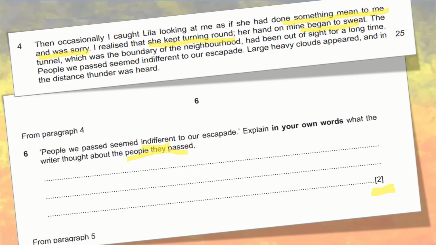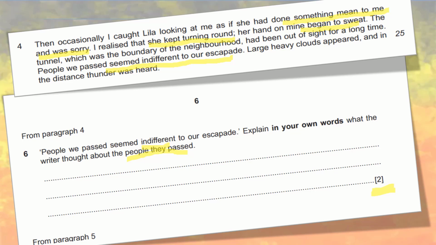The people we passed seemed indifferent to our escapade. So people had no idea that these girls are running from the school. Large heavy clouds appeared, and in the distance thunder was heard. Now it is the scene of the rain, so it's going to rain. So what are two different things which the writer feels that people were?